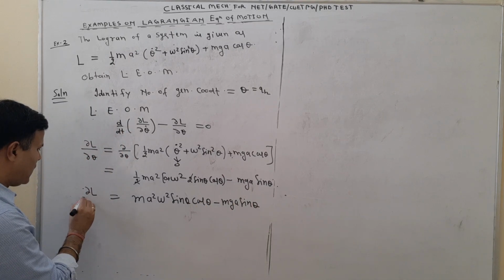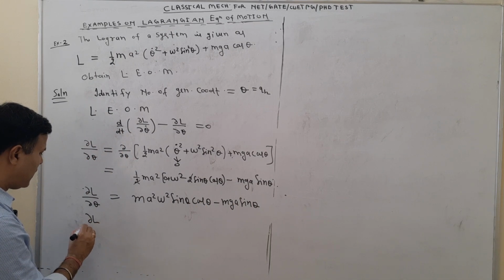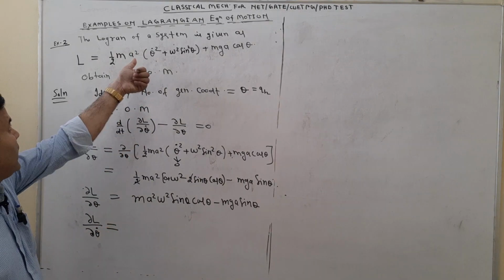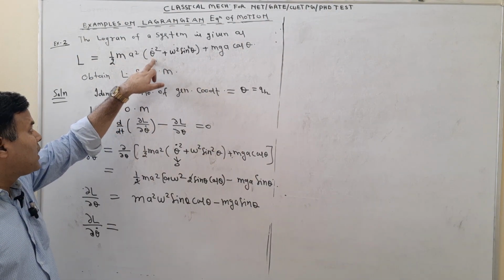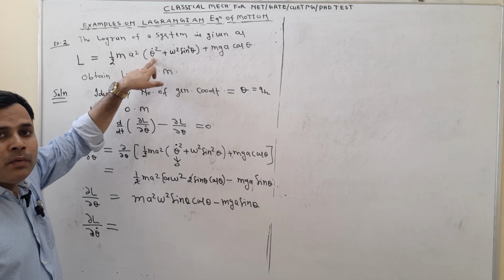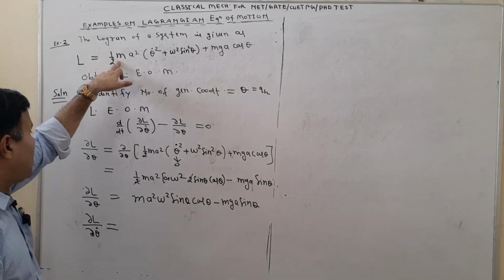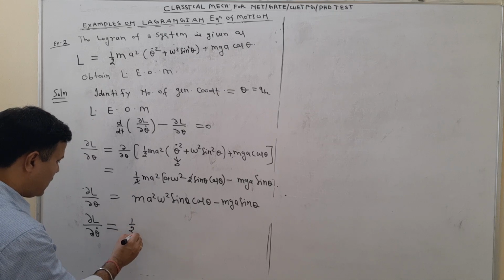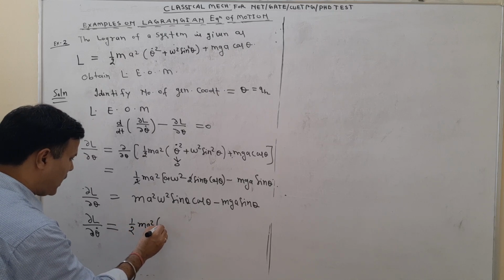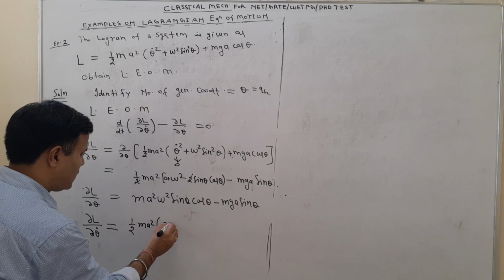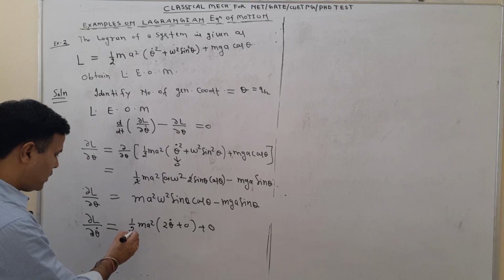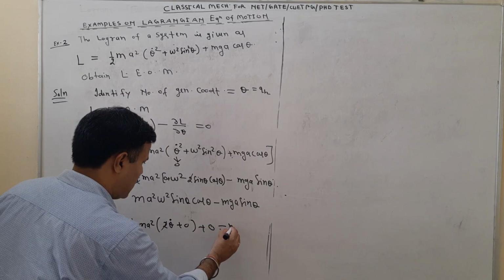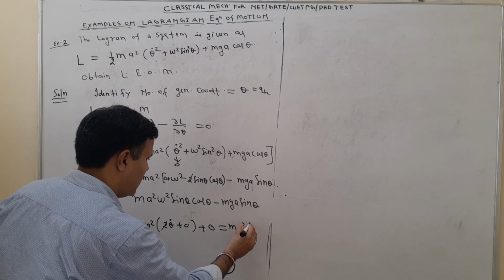This is our del L by del theta. What is our del L by del theta dot? In this expression we have only one theta dot term. If we differentiate partially with respect to theta dot, this will give twice theta dot. So 1 by 2 ma square times twice theta dot, plus 0 plus 0. This 2 will cancel out, and we have simply ma square theta dot.